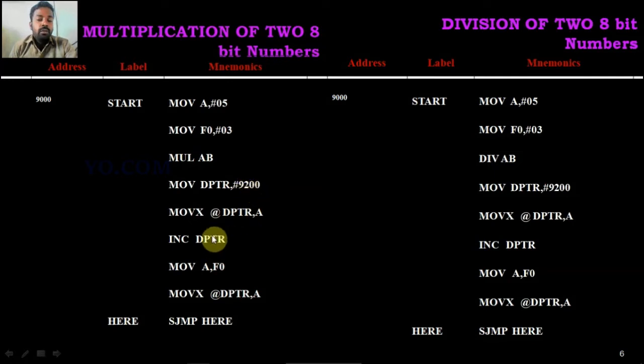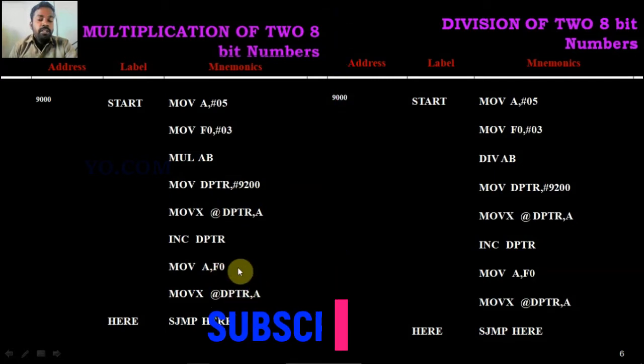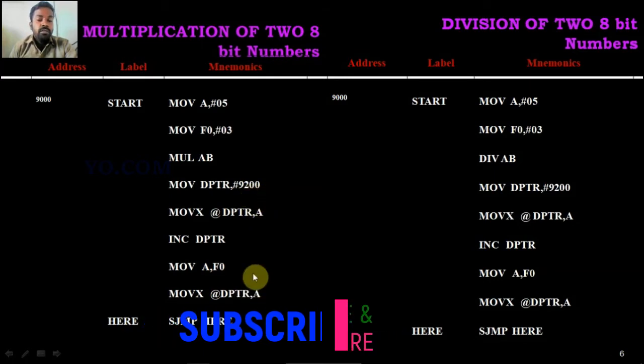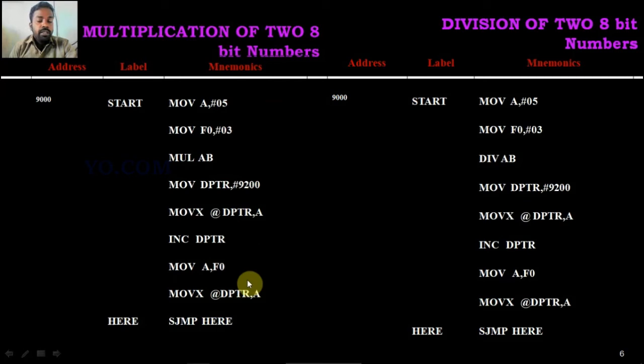Now we are moving the B register value into A register, that is F0 is moved to A register. After that we are moving the A register content to DPTR location. Now the higher 8-bit is stored in 9201. After storing the higher 8-bit, the program is terminated.